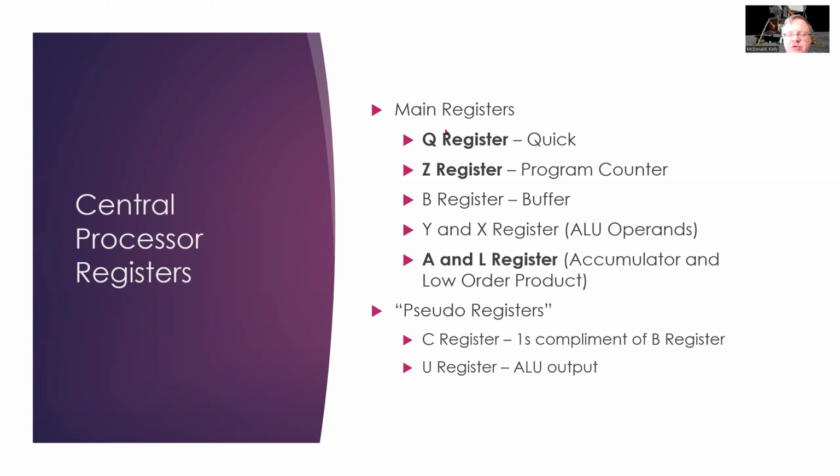But these registers are also mapped to an address in memory. So if I were to write data into memory at a specific address, it would also go into this register. So when you write machine code in assembler for the AGC, there's a couple of different ways to write data to or read data out of these particular registers.